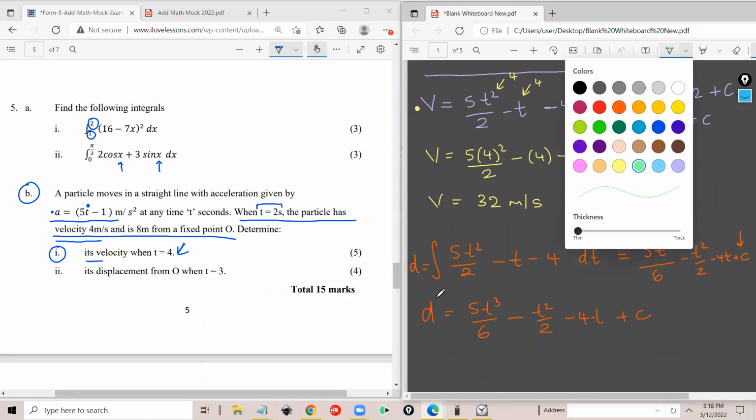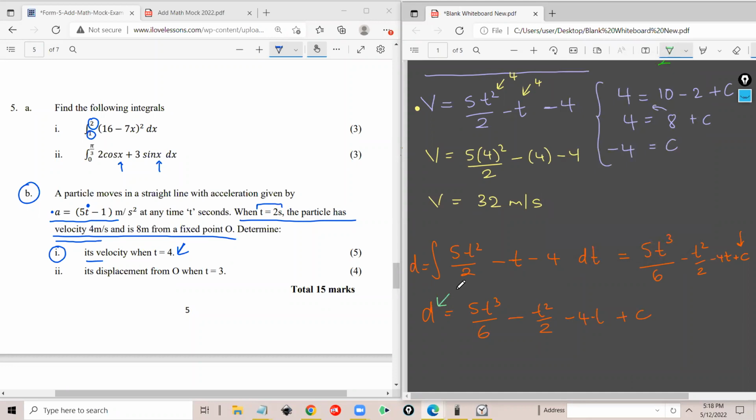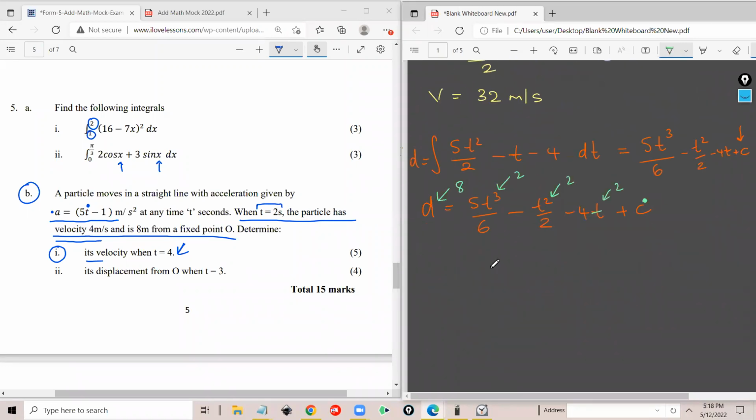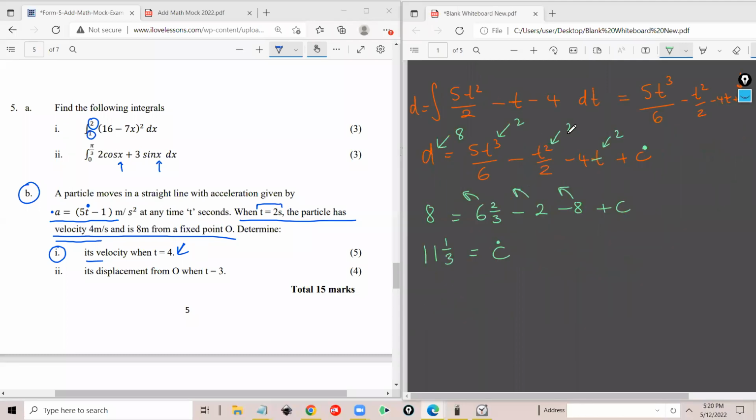And you all will need to replace any d's you see with 8 and any t's with 2. So make sure you get c first, and we'll take it from there. All right, so when we solve for C, I'm getting 11 1/3. So that means the full equation is this.